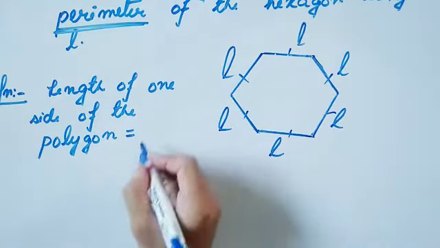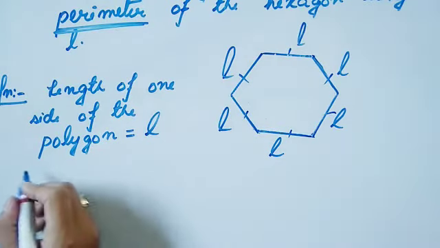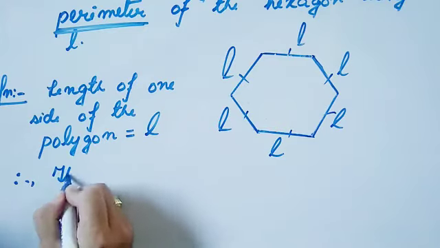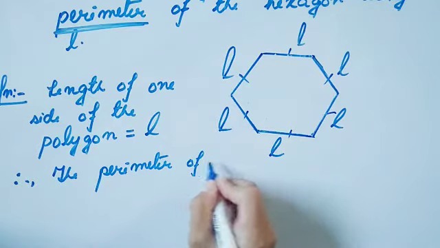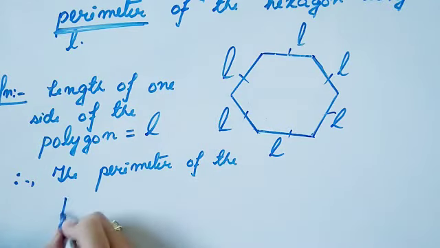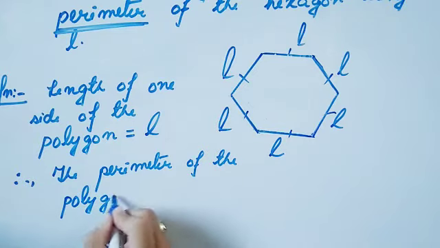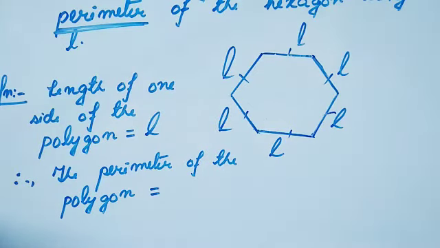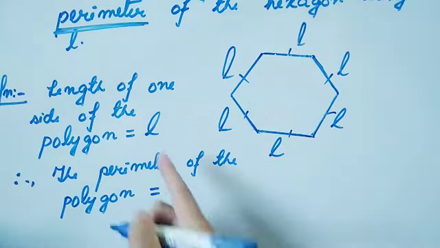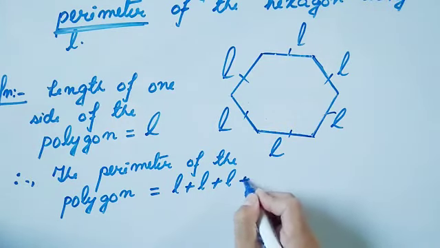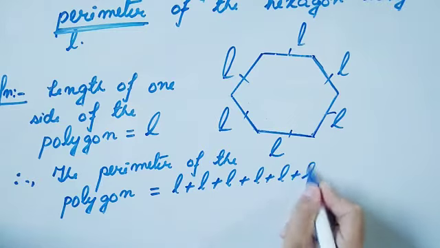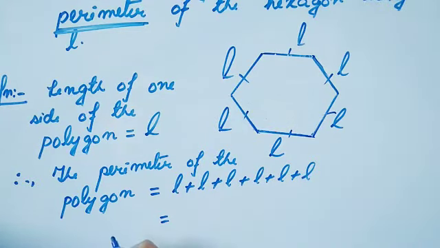Yes, it is given by the variable L. So therefore the perimeter of the polygon will be given by, how many sides are there in this polygon? 6 sides, right? So there will be 6 L's: L plus L plus L plus L plus L plus L. So the sum of this will be, yes, 6L.